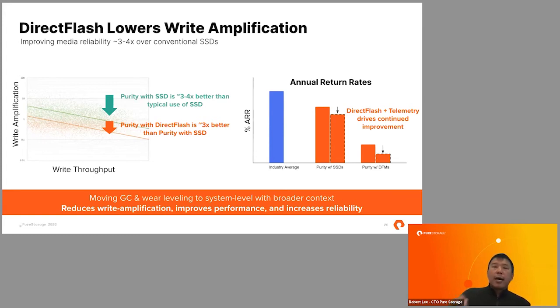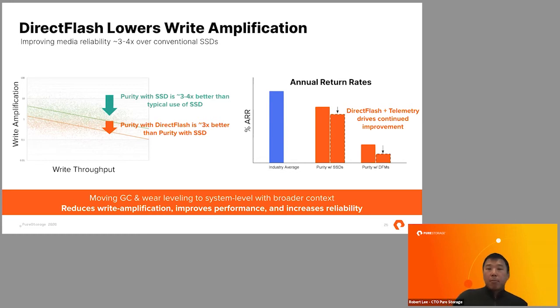If you think about it, if every IO that we issue down to our devices, our drives, can return fine-grained telemetry on the health of that page or that block that we're reading or writing to, that enables our system software to make far better decisions as far as how to use the flash, how to lay out future operations. If a certain block or an area of flash needs to be rewritten, how do we avoid doing that at the physical layer, but rather combine that with a logical GC? How do we get a 2-for-1?